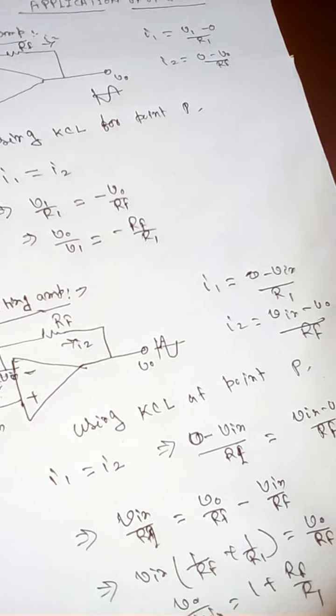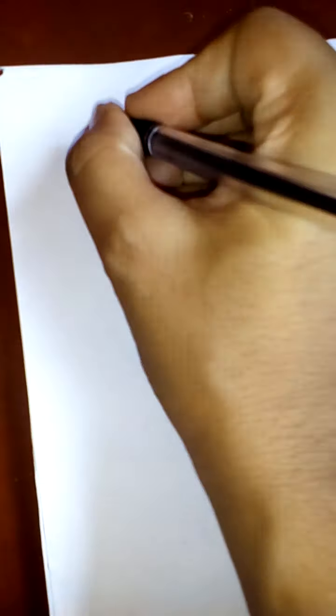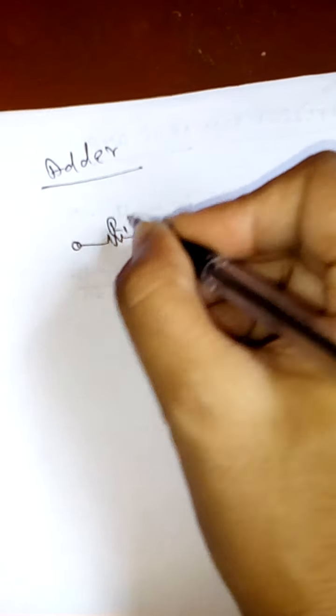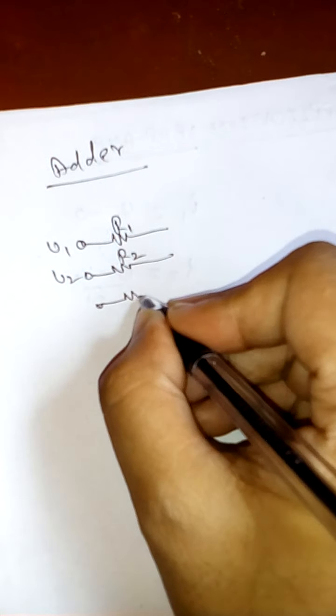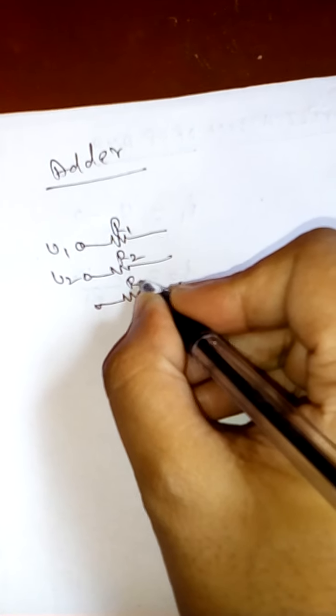Next, we see the adder circuit. Adder or summer, that is addition. This is R1, R2, R3.